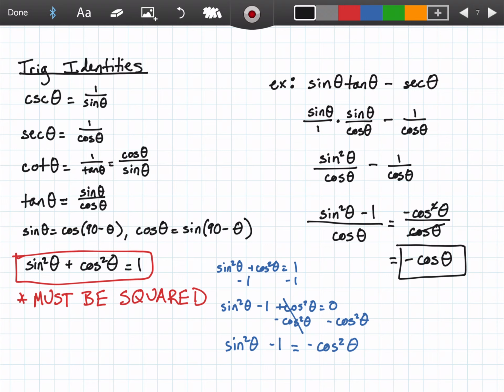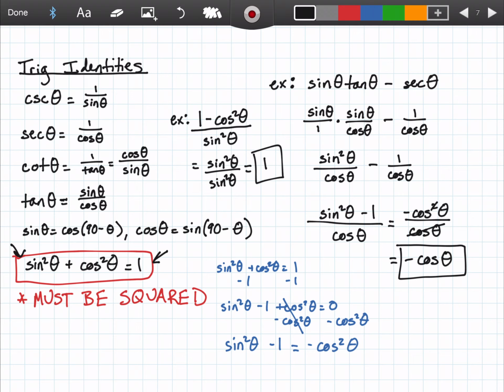Like maybe another example, you might have 1 minus cosine squared theta over sine squared theta. 1 minus cosine squared, well, if I'm looking at this identity down here and I subtracted cosine squared from both sides, I would have sine squared theta. Well, hey, sine squared theta divided by, well, what's anything divided by itself? 1. And that should be enough to get you through Unit 7.